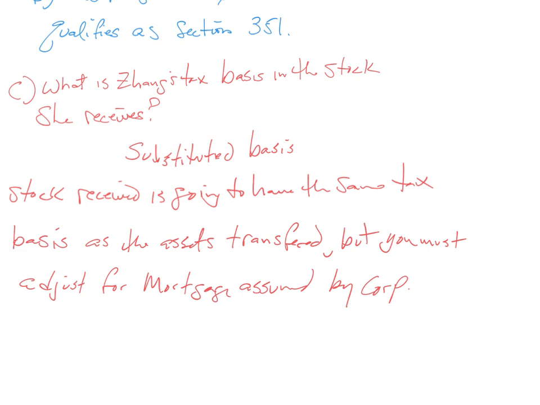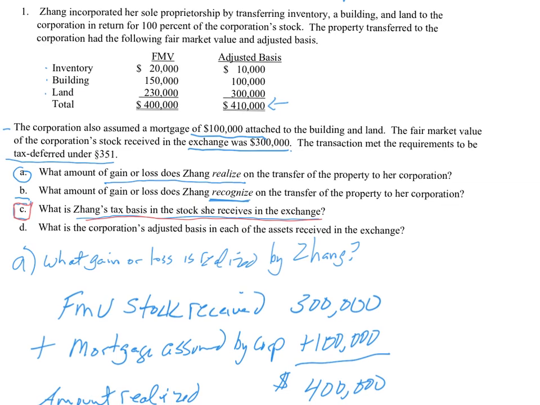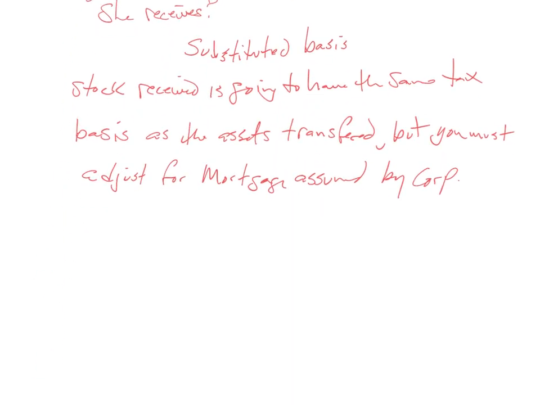Okay, so what does that mean? Well, we have to find the tax basis of the assets that she transferred. And from a previous part, we remember that the tax basis of the assets transferred is $410,000. And from a previous part, we know that there was a mortgage assumed.